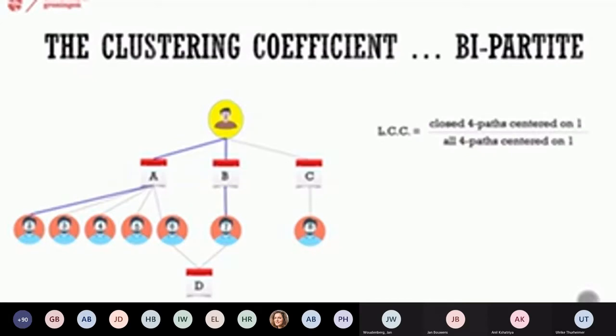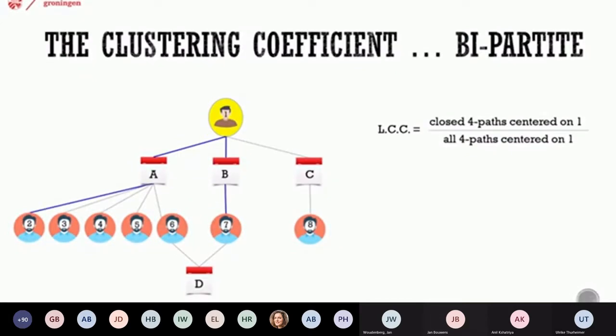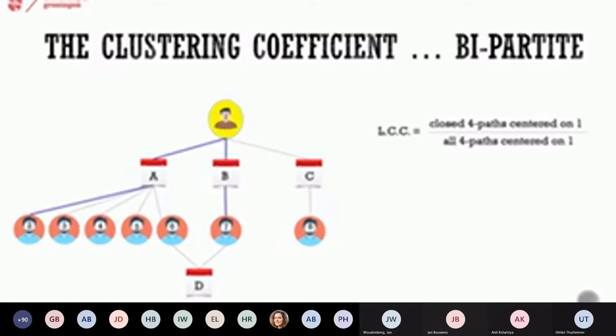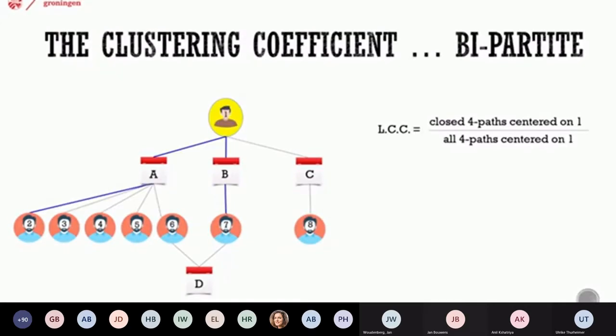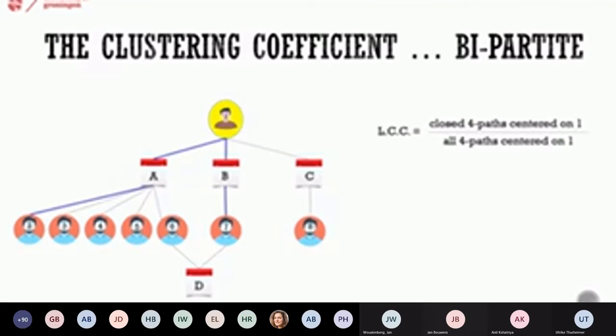And here you see one typical 4-path centered on node 1. So the yellow person is exactly in the middle. And in total, you can see that there are 5.